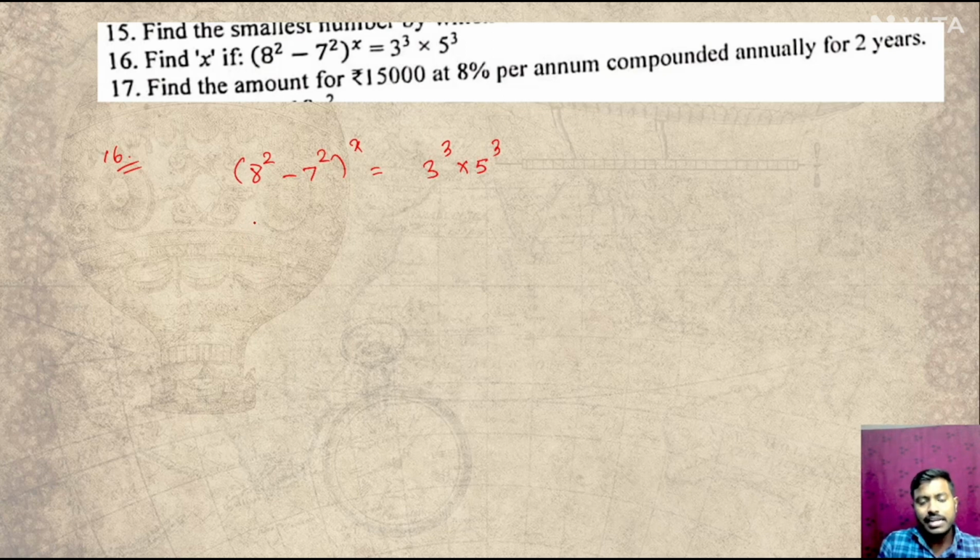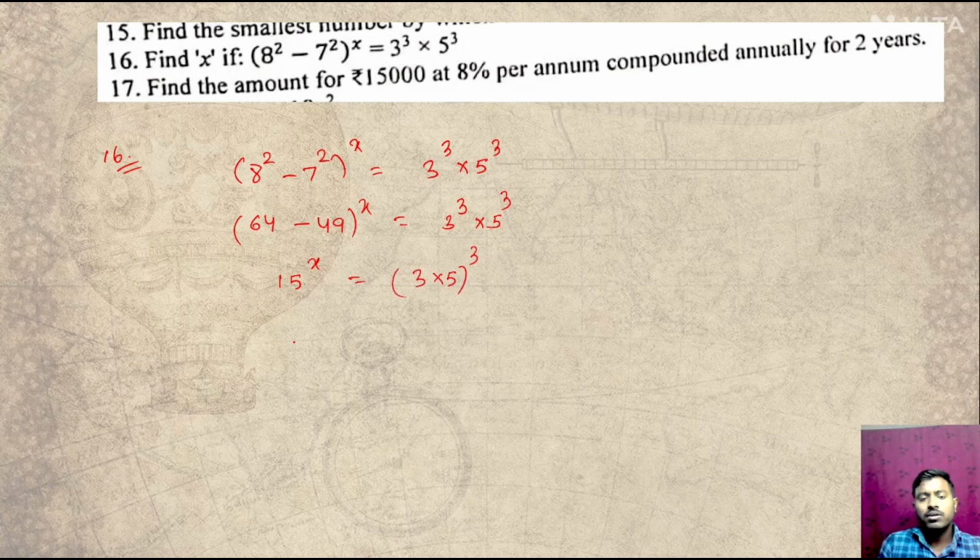Then solve. 8 square means 64, minus 49, so 15 to the power x is equal to (3 into 5) whole to the power 3.